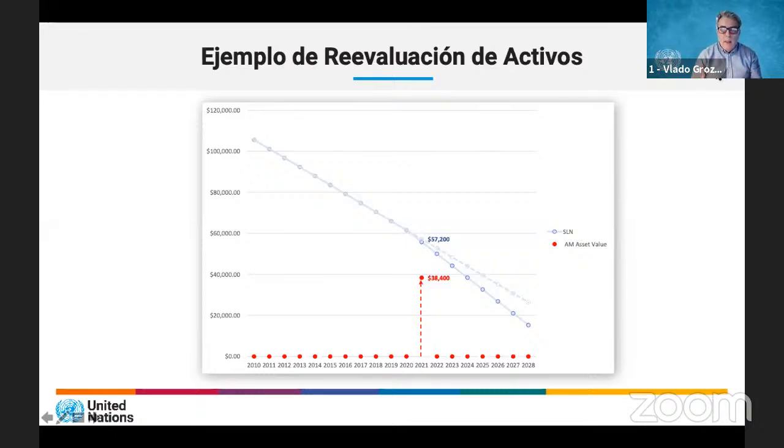So that's why we should be very careful when we reevaluate and how we reevaluate our values, because it's going to have a huge impact on our revenues and future operation of our organization.